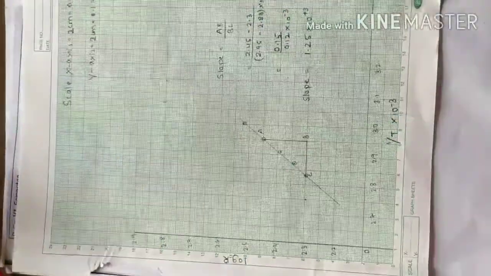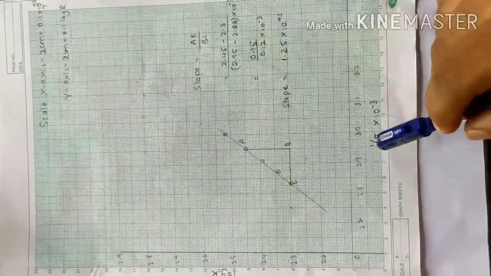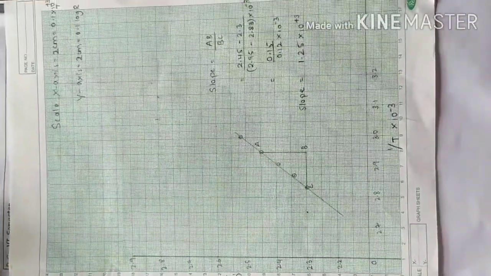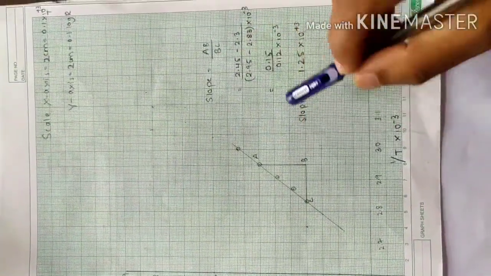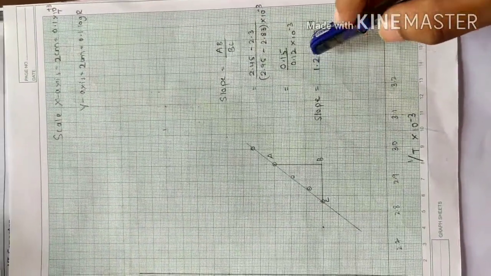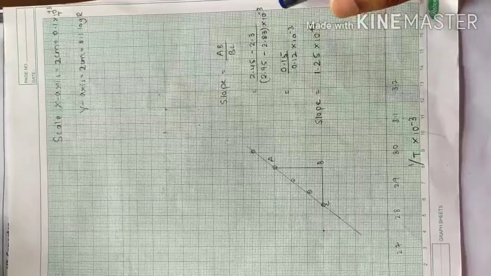Now let's see the graph which I have plotted by using the same readings. So 1 by T along the x-axis and log of R along the y-axis. I have plotted the graph and my slope is equal to 1.25 into 10 raised to plus 3, which I have got.